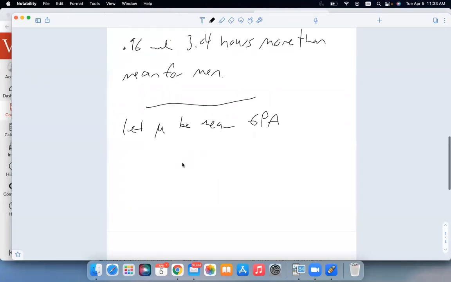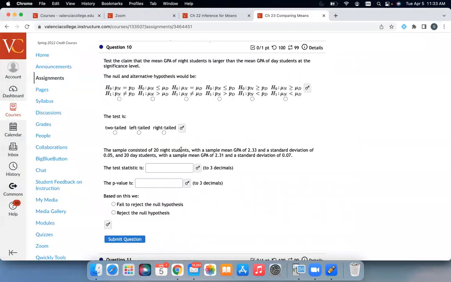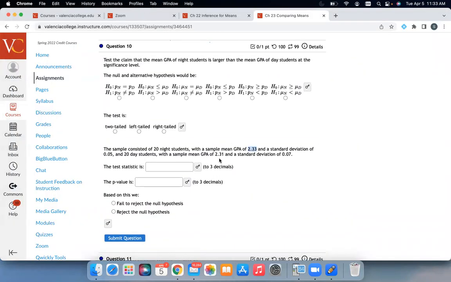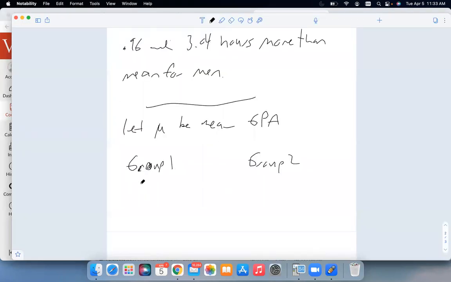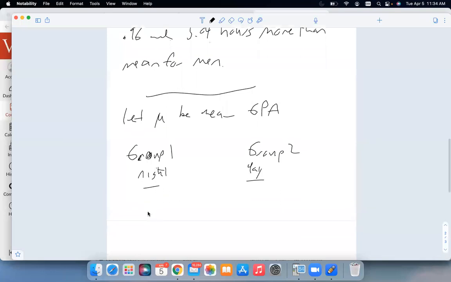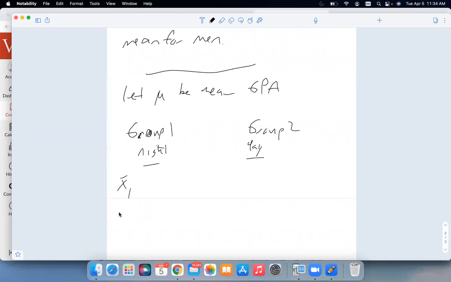So I'm going to call group one the one that has the higher sample mean. So we get those down here. The night students have a sample mean of 233. They're higher on average in the sample than the day students. So this is night and day. So we'll have an X bar 1, an S1, and an N1.